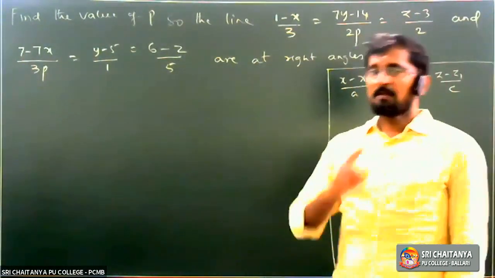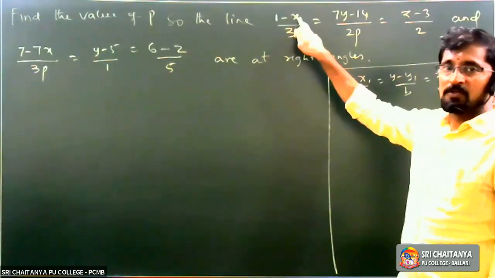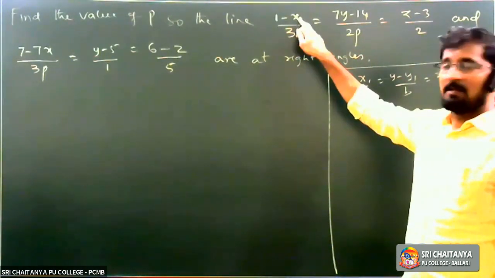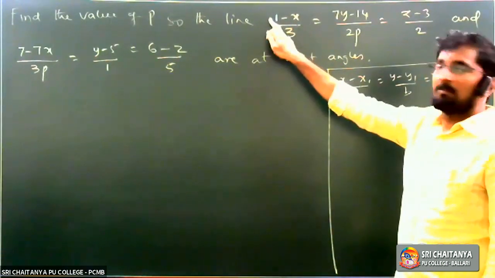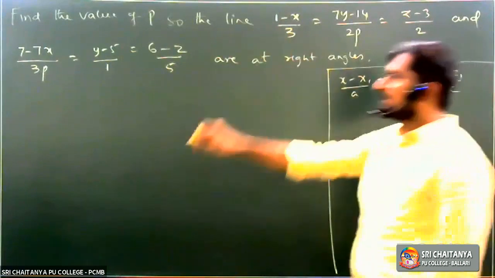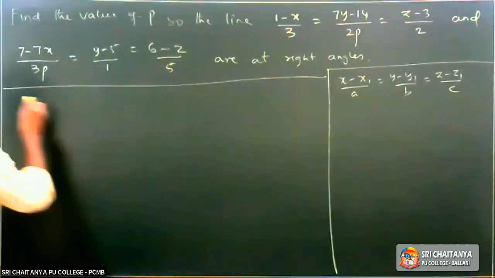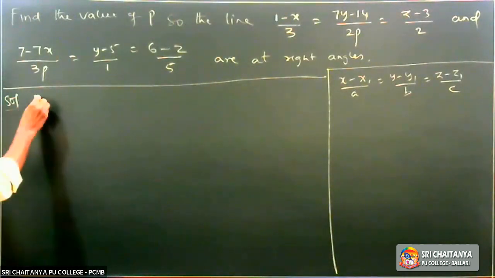Right? But observe here it is 1 minus x. So to make this one in standard form, take minus common. You are going to get (x minus 1)/3. That means the given lines can be written as, see, solution starts from here.